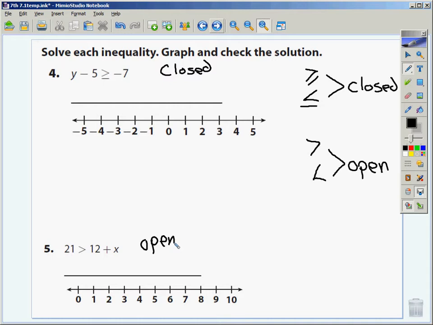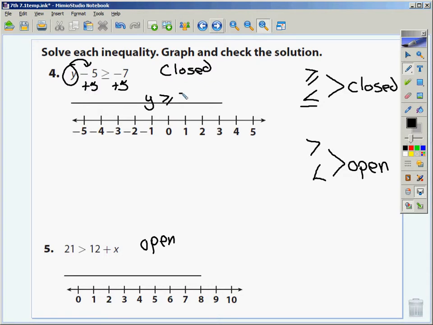Okay. The rule is the same. When I'm solving an inequality, I want to get the variable by itself. If I want to get this y by itself, how would I get rid of subtracting 5? What's the opposite of subtraction? It's going to leave me y is greater than or equal to, what's a negative 7 plus 5?